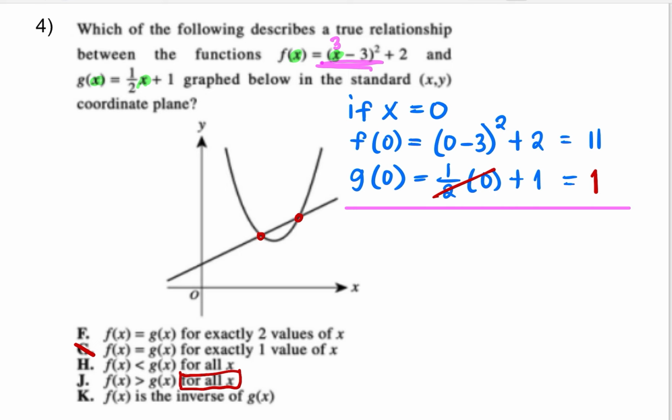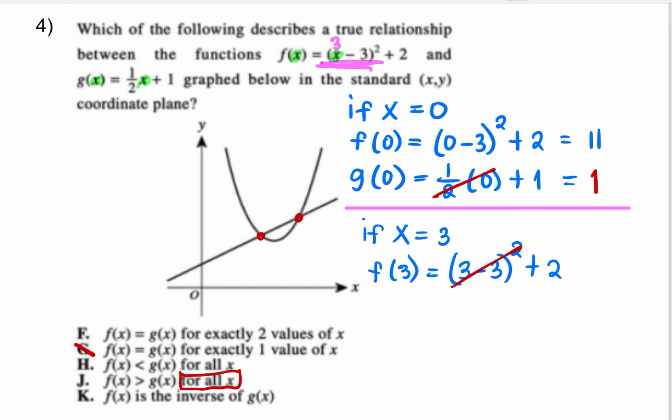If x is equal to 3, then I will have f of 3 equals 3 minus 3 to the power 2 plus 2. This cancels out because 3 minus 3 is 0 to the second power, 0.